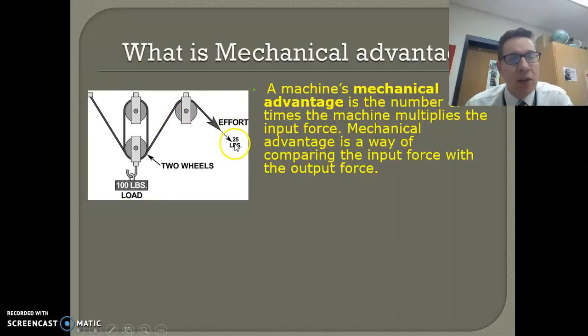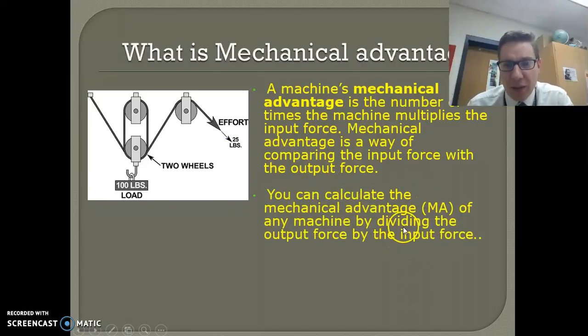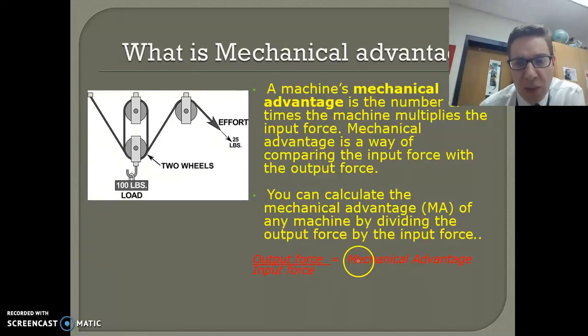So you can easily calculate this by dividing the output force by the input force. The formula for mechanical advantage is output force divided by input force. So if I have this pulley system and I have 100 pounds, that's my output force.